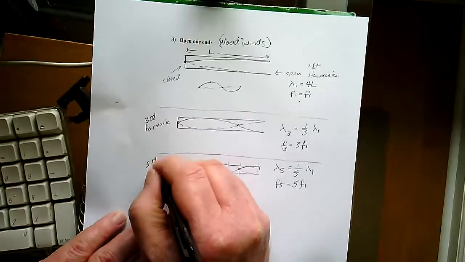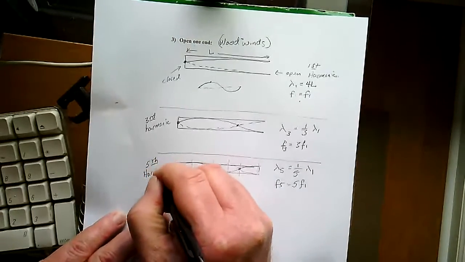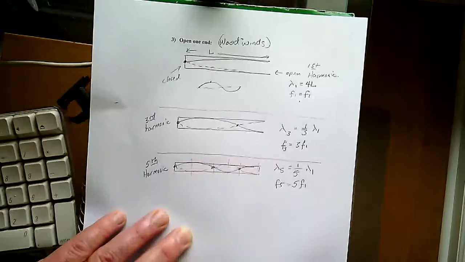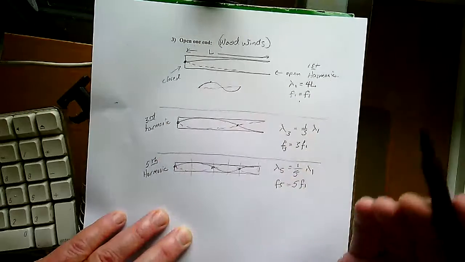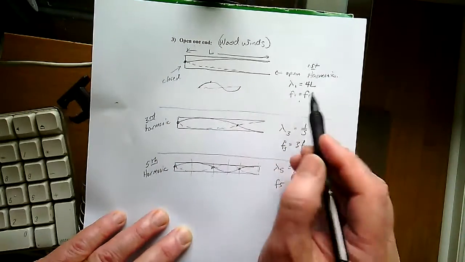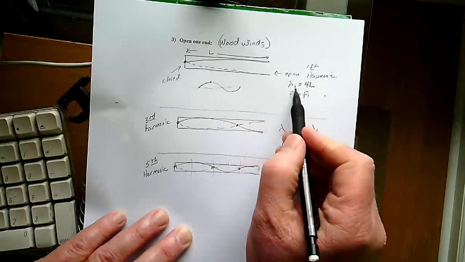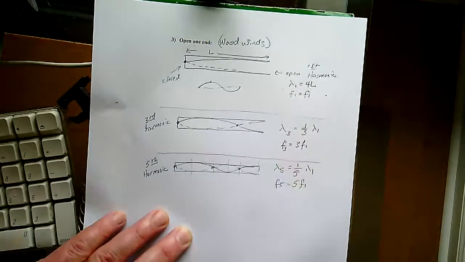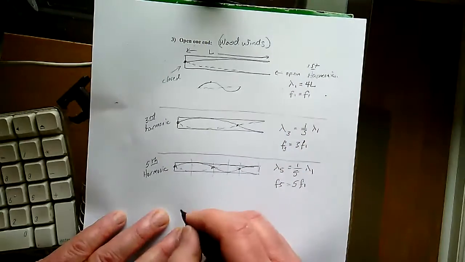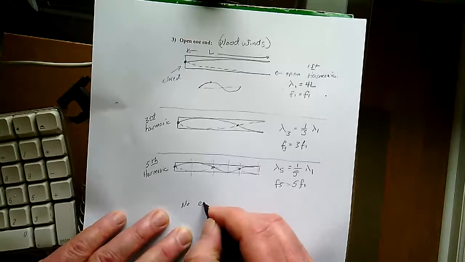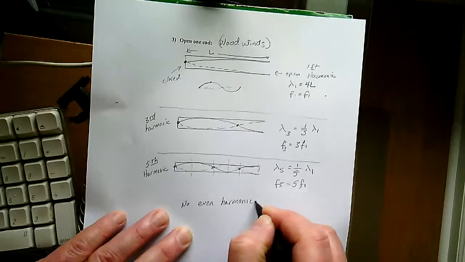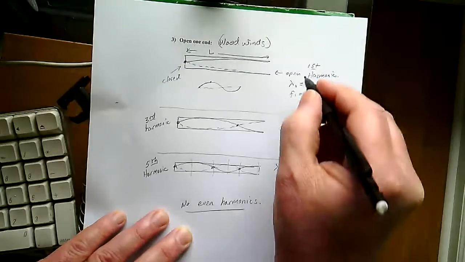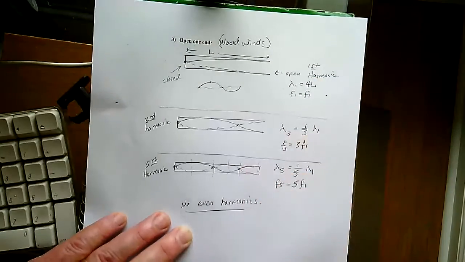This is the fifth harmonic. So there are two differences between this open-one-end case and closed both ends or open both ends. One is that the first wavelength is 4L instead of 2L, and the second is there are no even harmonics. Only the odd ones: 1, 3, and 5.